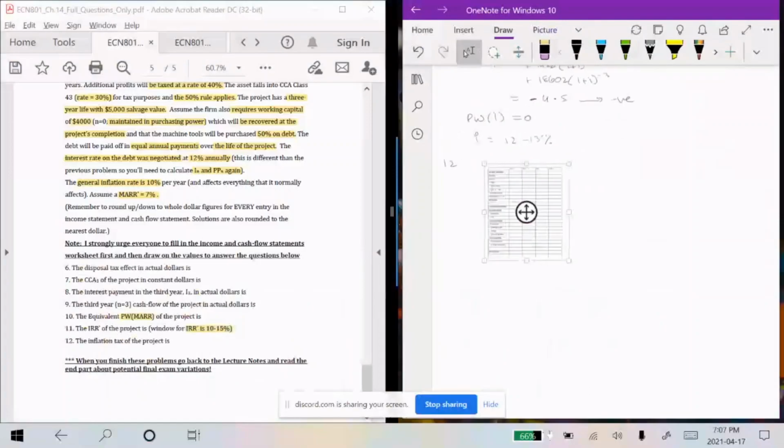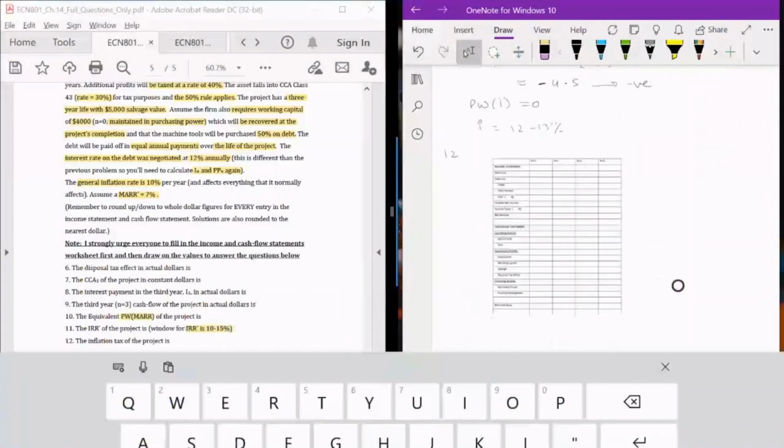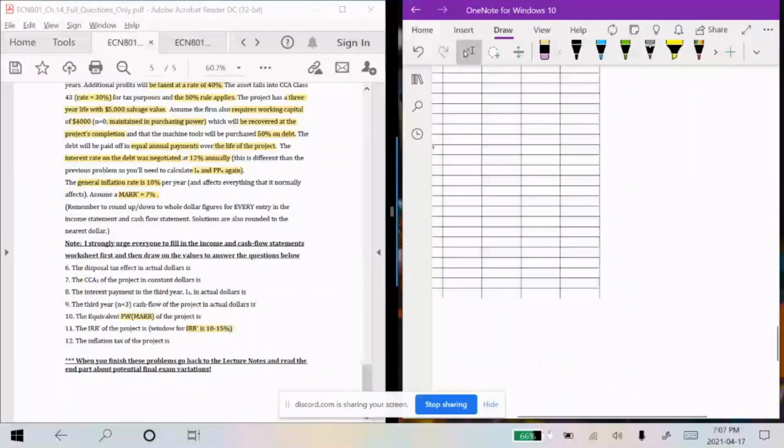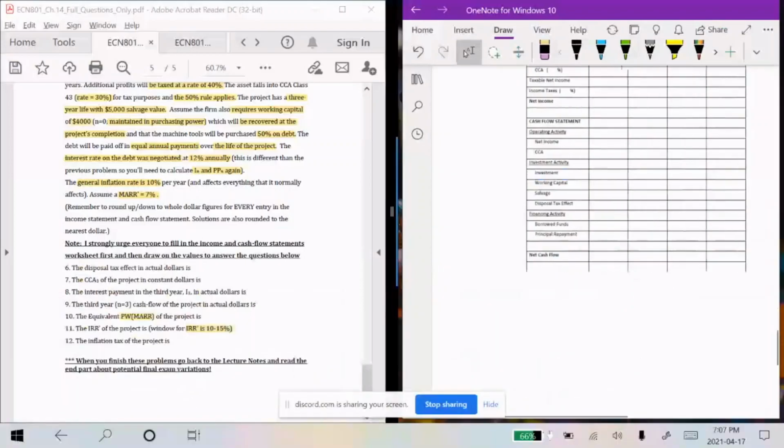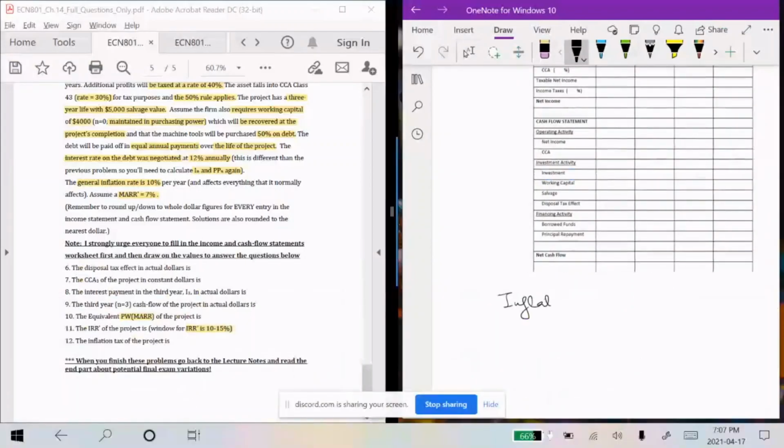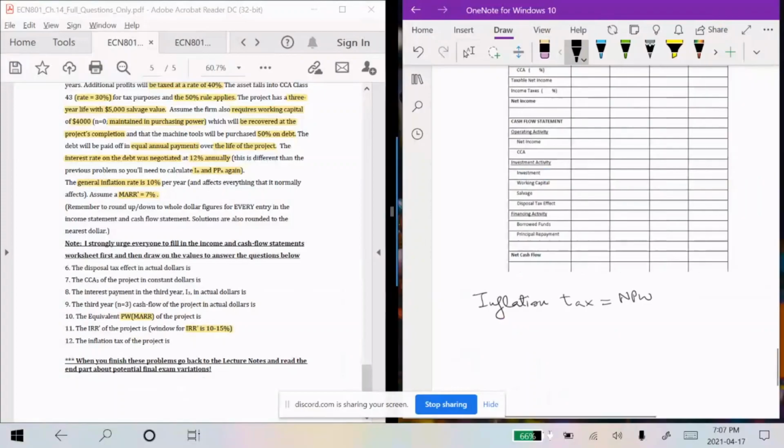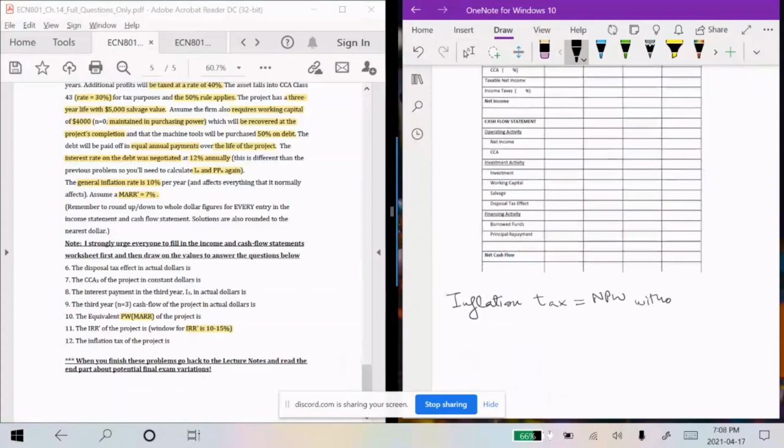The inflation tax is basically the net present worth without any inflation, and it's the net present worth with inflation. Without inflation.